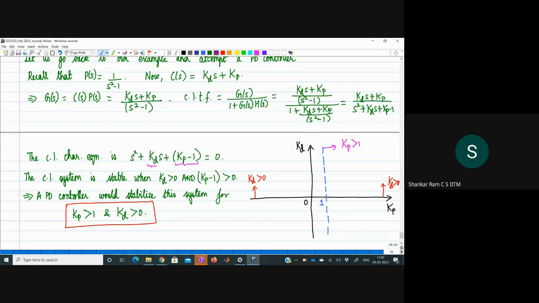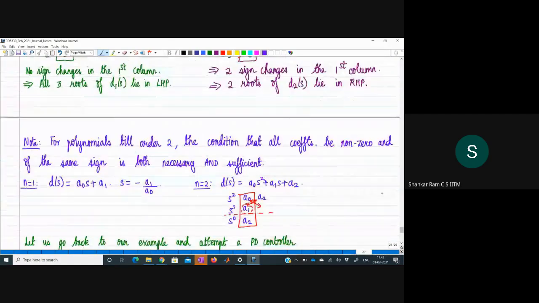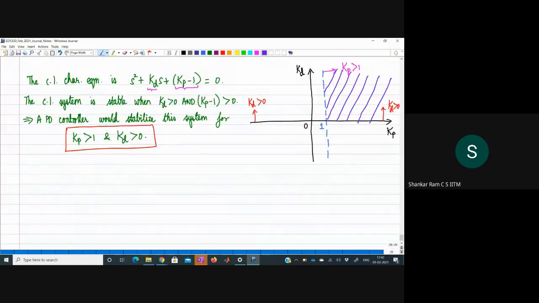So consequently, the entire region which is the intersection of the two regions will be the feasible region, wherein you can have the choice of the controller. So this is a feasible region.